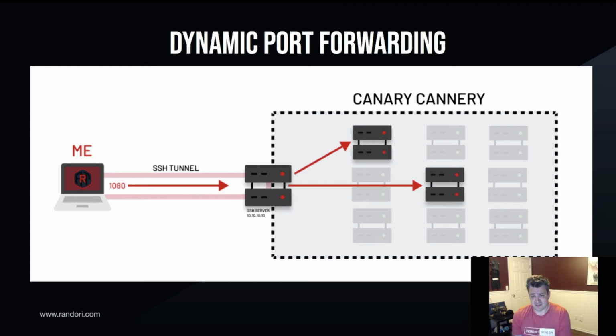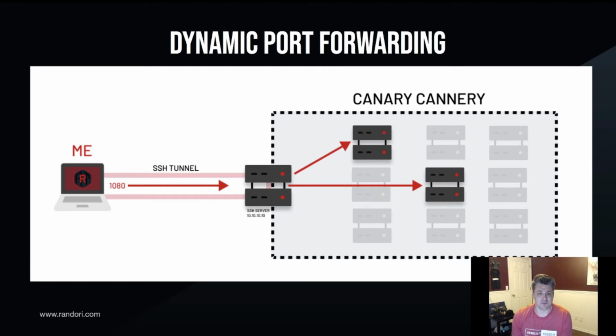So luckily, SSH has thought of that for us and given us this dynamic port forwarding feature. I can set up with one SSH command on my system a SOCKS proxy, which is just a TCP forwarding protocol, so that on my system there is a port. I use 1080 generally because that's the default SOCKS proxy port.